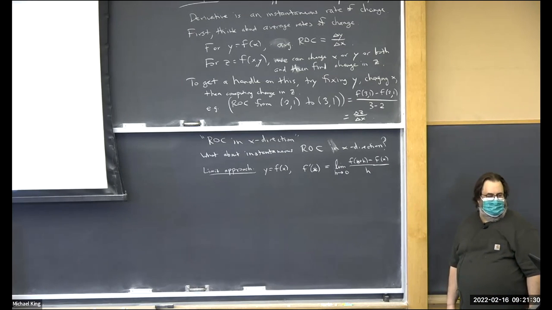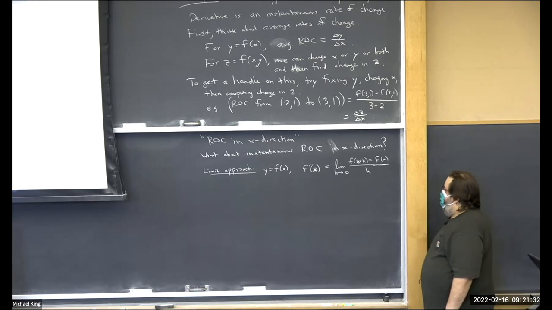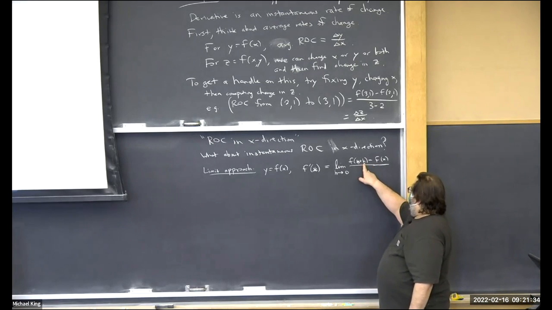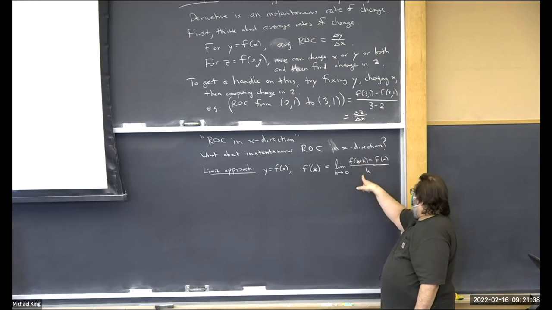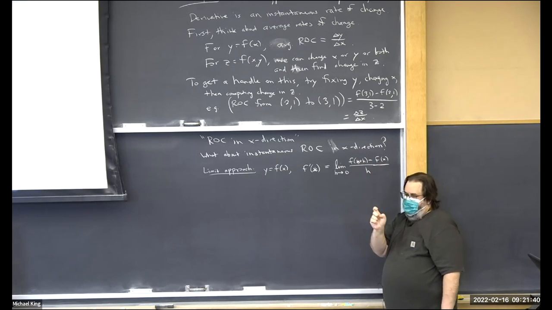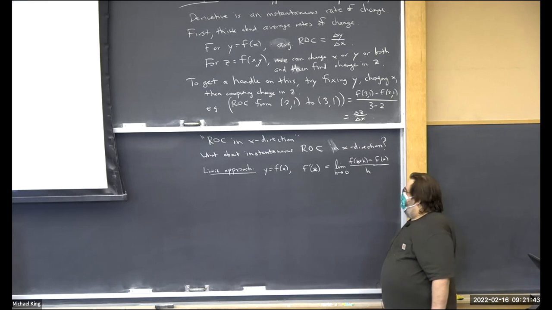Does that look familiar? Right, you do. Because you're letting h shrink, so you're getting the delta y over delta x for a smaller and smaller interval from x to x plus h.